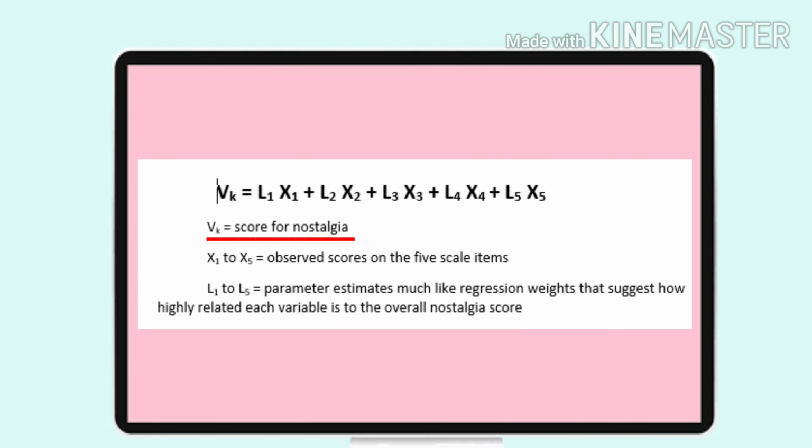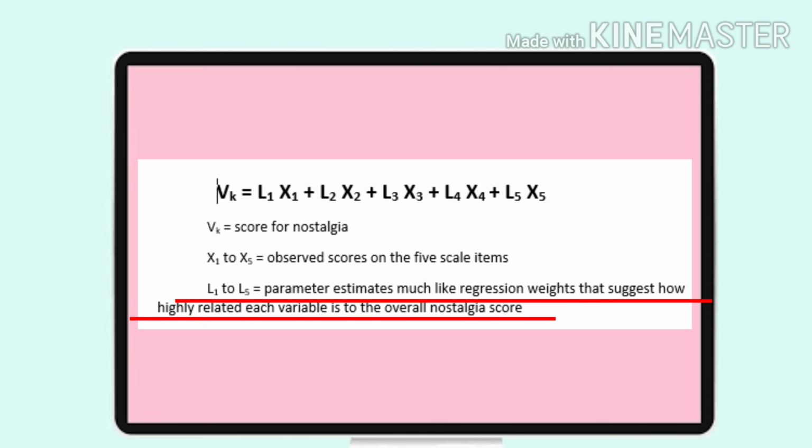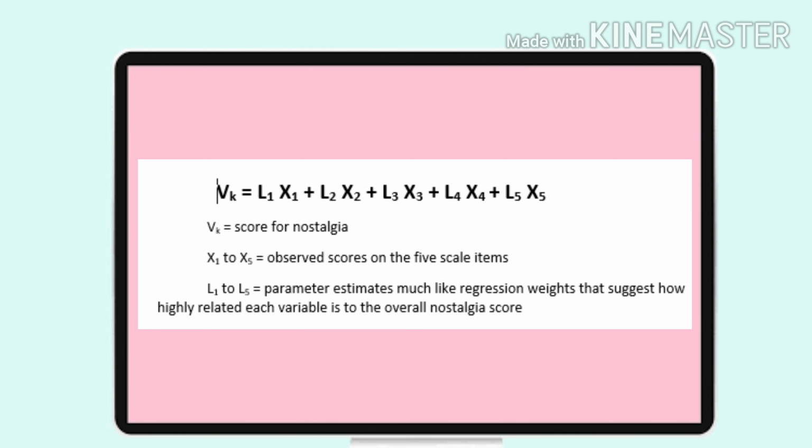Vk represents the score for nostalgia. X1 to X5 represent the observed scores of the 5 scale items from the survey questions that are expected to indicate nostalgia. And L1 to L5 are parameter estimates, much like regression weights, that suggest how highly related each variable is to the overall nostalgia score.